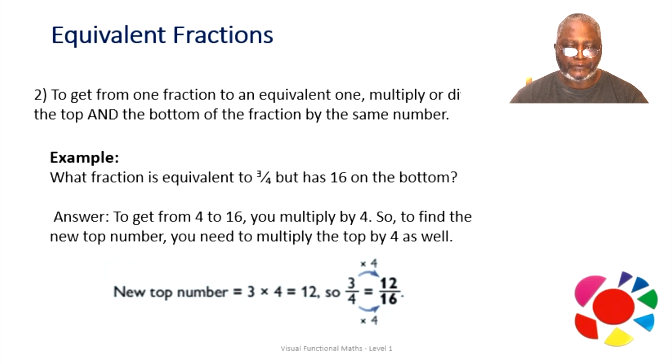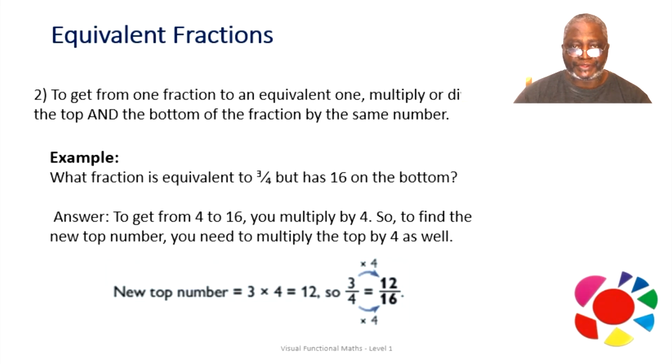To get from one fraction to an equivalent one, multiply or divide the top and the bottom of the fraction by the same number. Example: what fraction is equivalent to 3/4 but has 16 on the bottom? That's your clue.